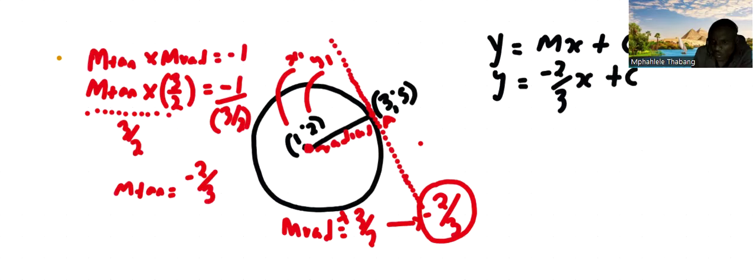So you now need to find the c. You substitute x and y by a point whereby the line of tangent passes through. Which point does the line of tangent pass through? It is the point A. I said tangent passes through the point (3, 5). So your y there is 5. Your x there is 3.